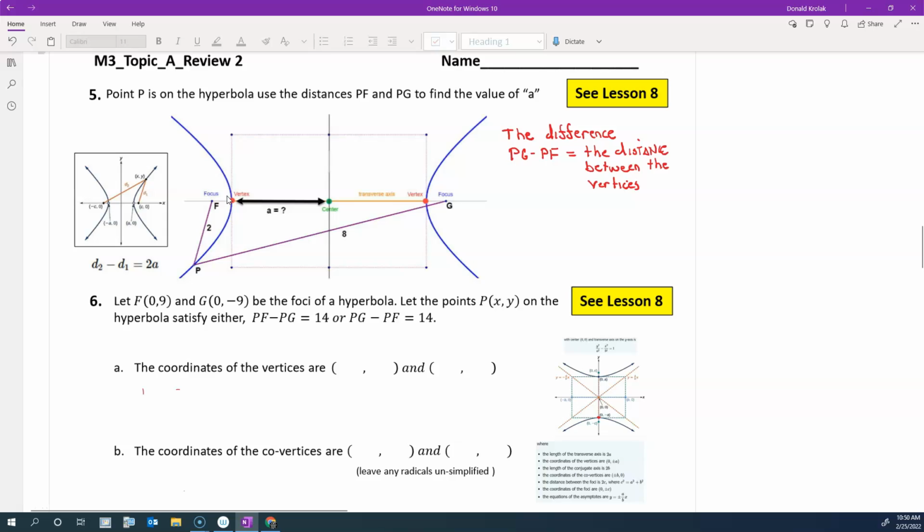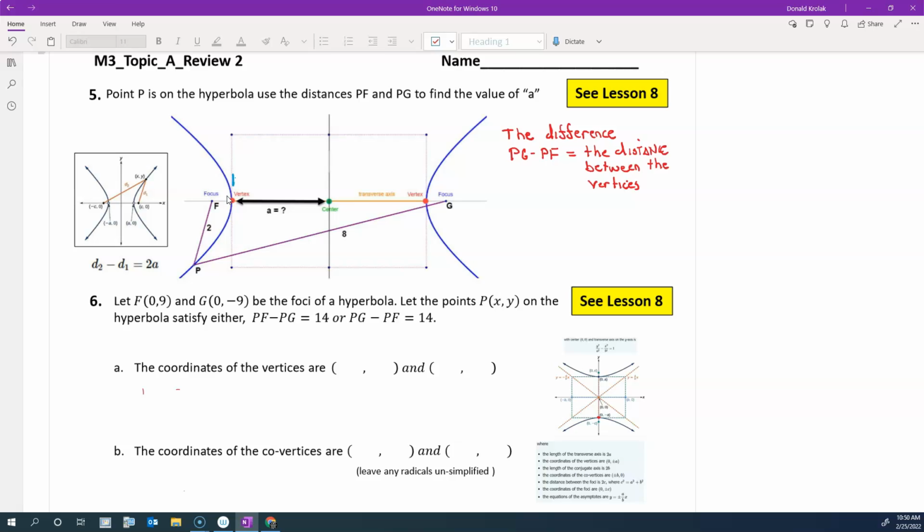In this case, the distance from P to F is 2, and the distance from P to G is 8. Since this is a hyperbola, if I subtract those two, I'm going to get the distance between the two vertices.